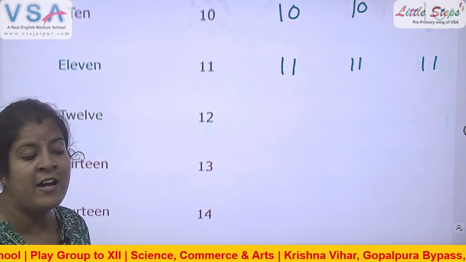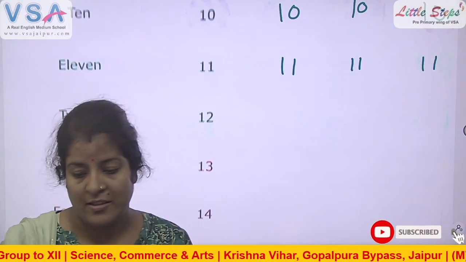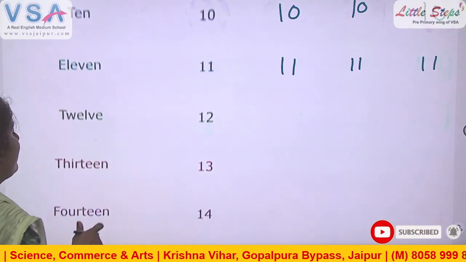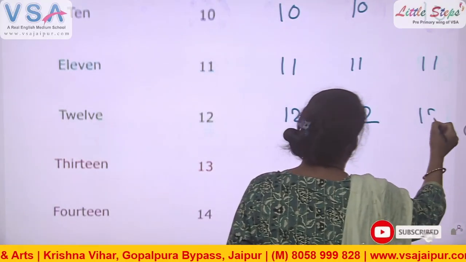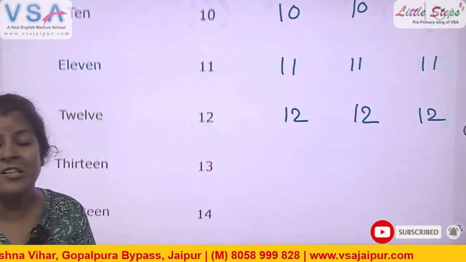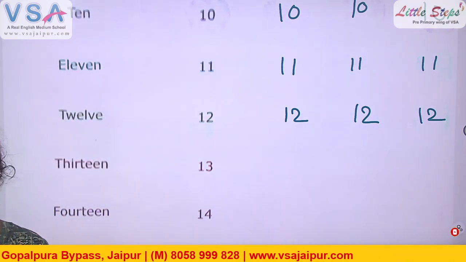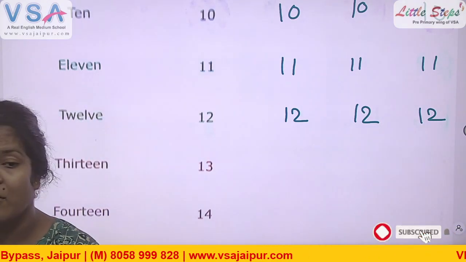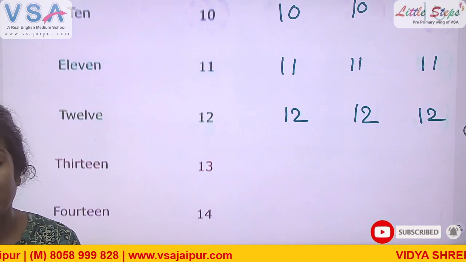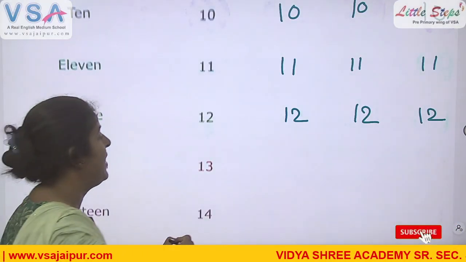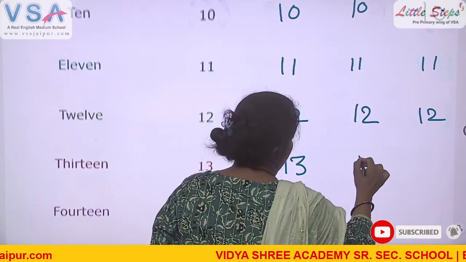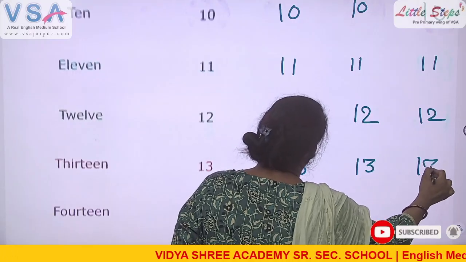E-L-E-V-E-N, 11. Next number 12. 1, 2. And what is the spelling of 12? T-W-E-L-V-E, 12. And the next 13. 1, 3.